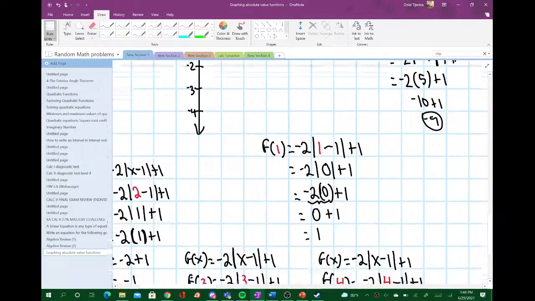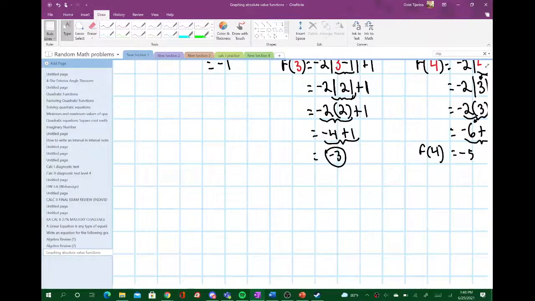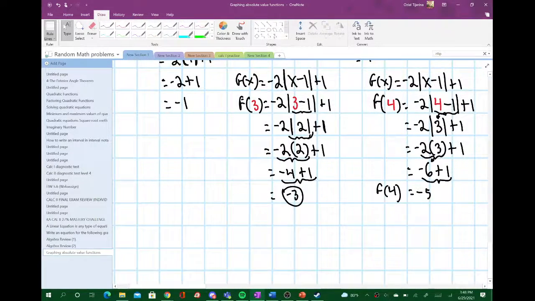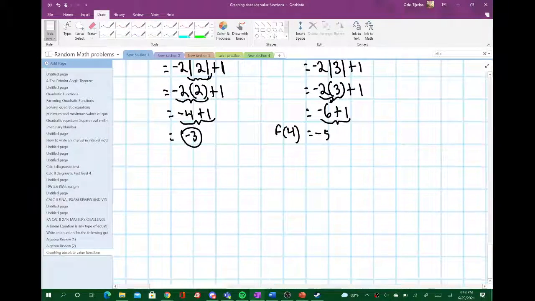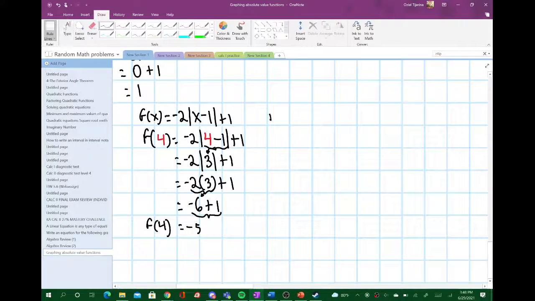Now one more, and I will do this also by vertex form, and then that'll be it for this video. So f of 5, if I do f of 5, I'm going to rewrite my function, f of x equals negative 2 times the absolute value of x minus 1, plus 1.